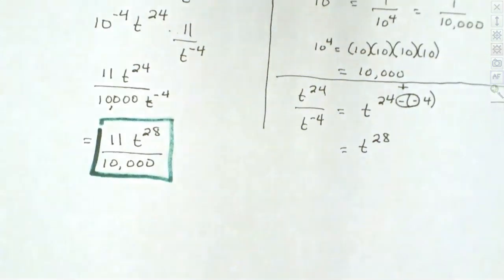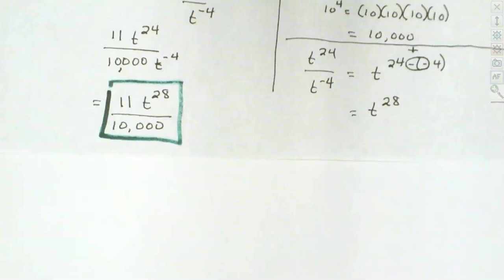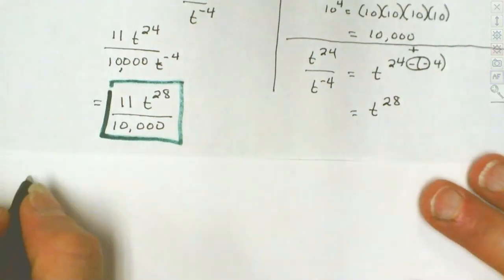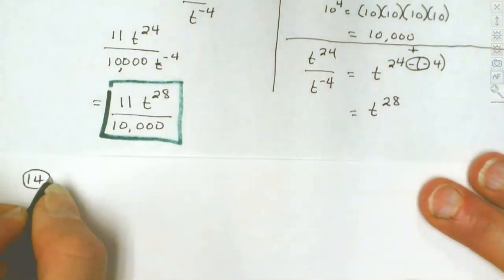All positive exponents. Make sure you can't reduce that down at all with the fractions. 11 over 10,000 is not going to reduce. I think that one is a little bit more difficult than 14 and 15. And students always kind of struggle with these because they're just different.